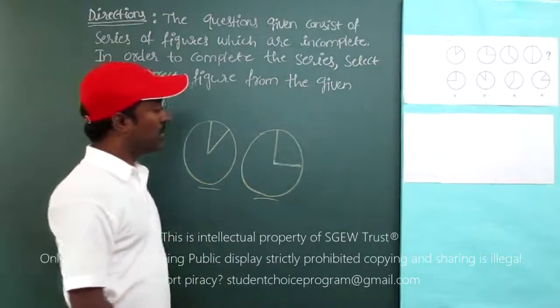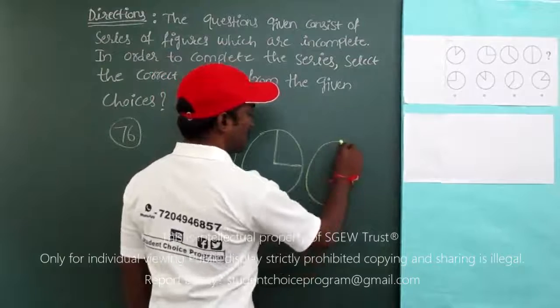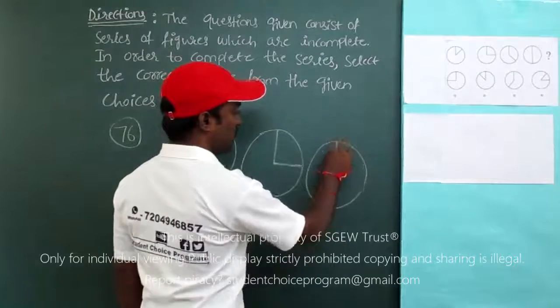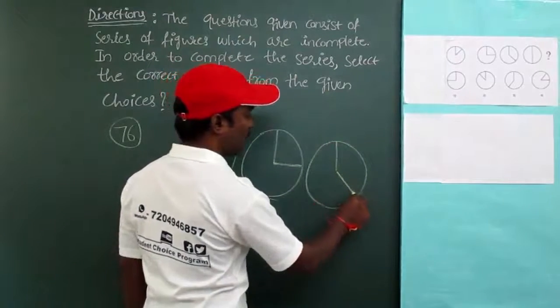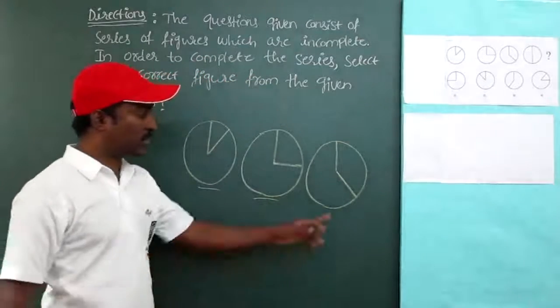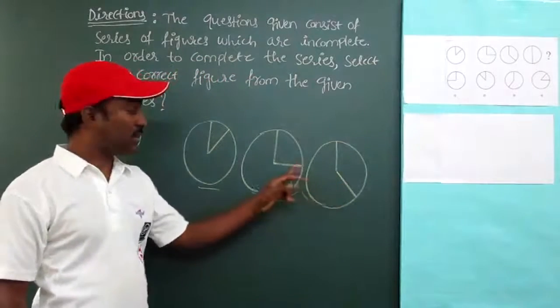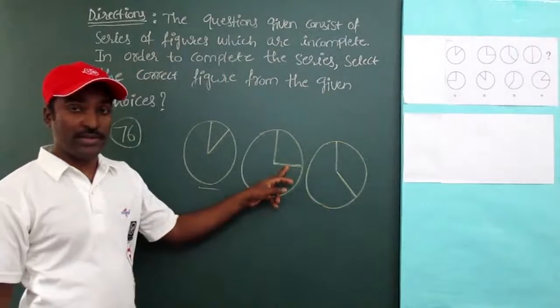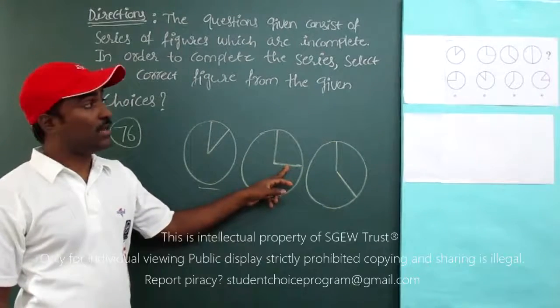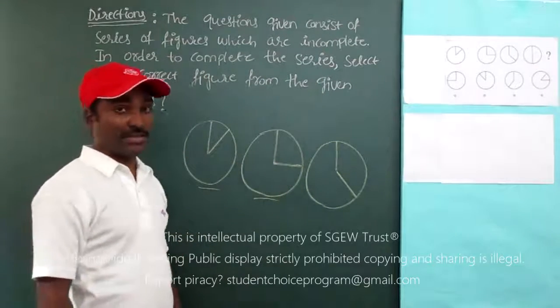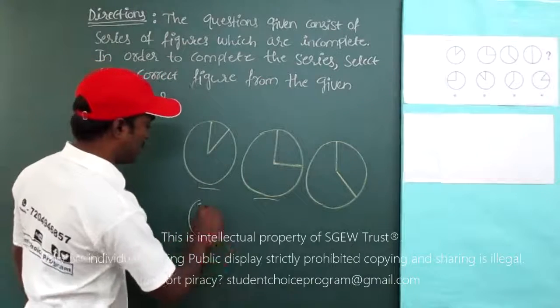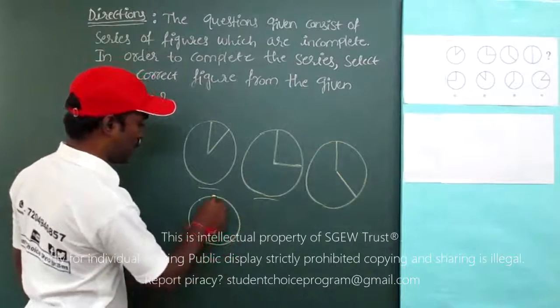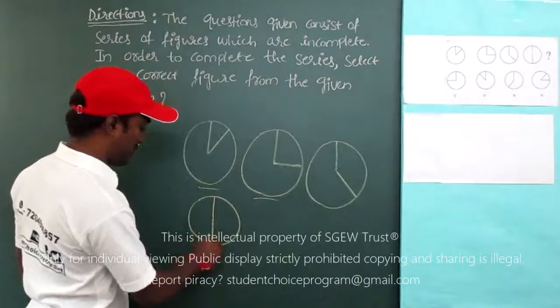Now in the third figure, you can see here in the third figure, you can see clearly this line again moved by 45 degrees in clockwise direction. And even you can go with the last, that is fourth figure. It's like a straight line.